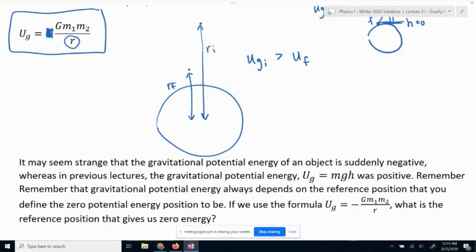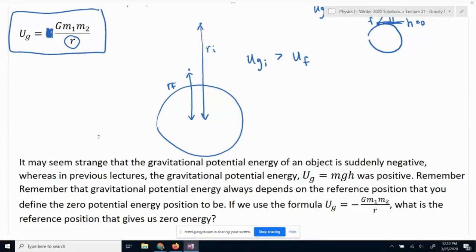Would it get bigger or smaller? Smaller? Good. Okay, good. As R gets bigger, then UG gets smaller.